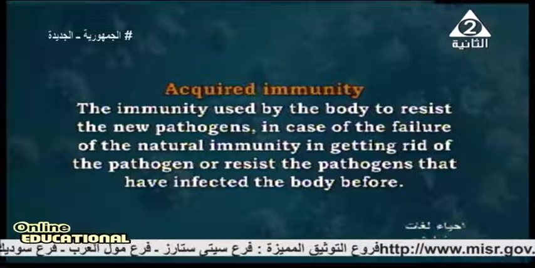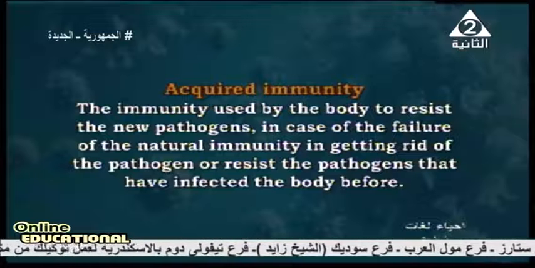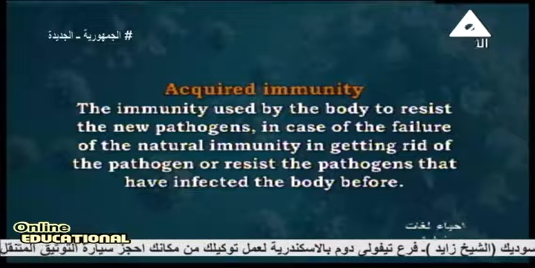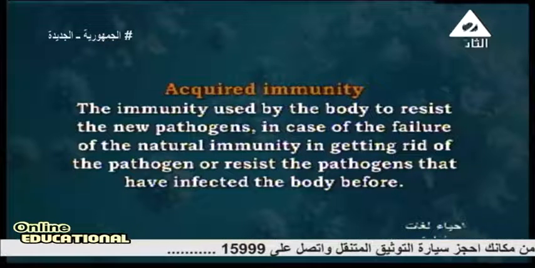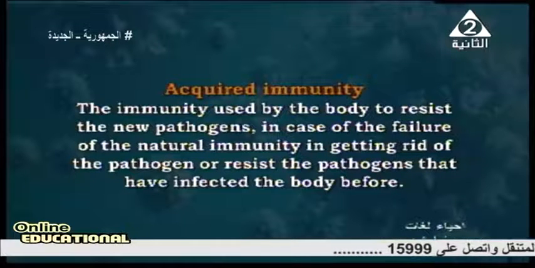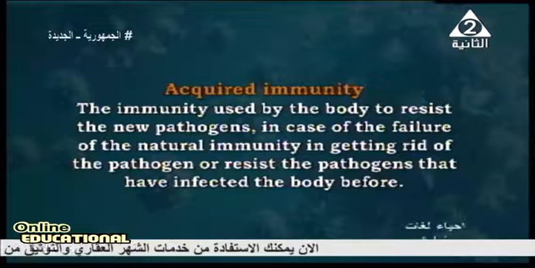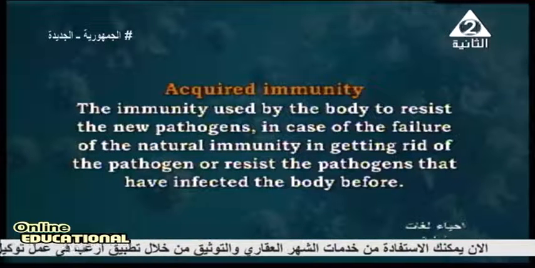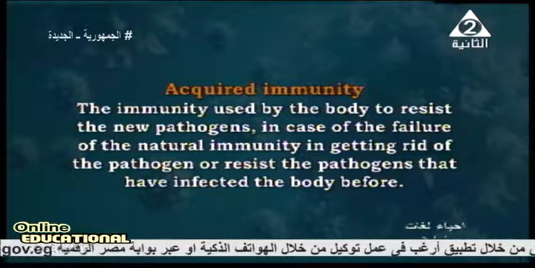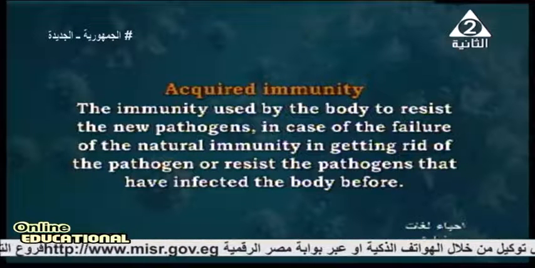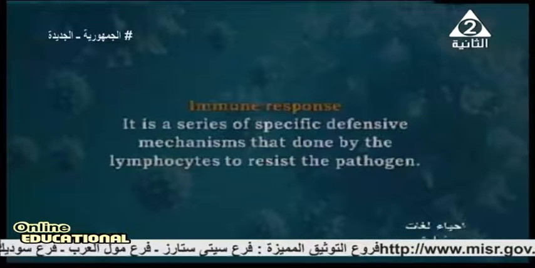This means that if the natural immunity inside our body fails to remove the pathogen, we need another type of immunity known as acquired immunity. This acquired immunity may come from antibiotics, vaccines, or serum.